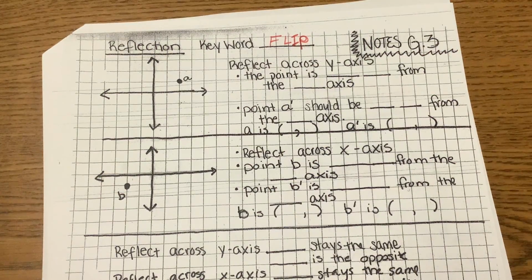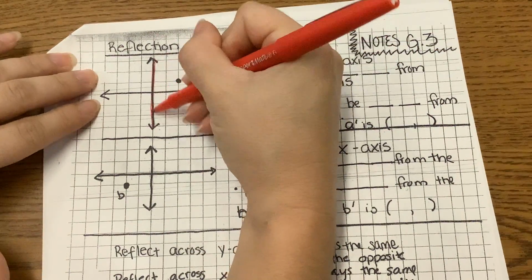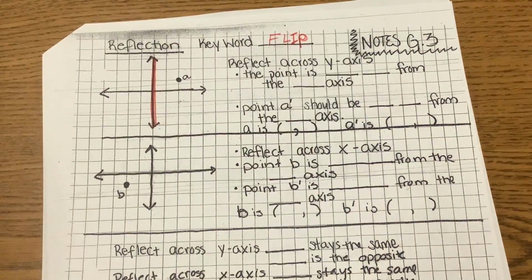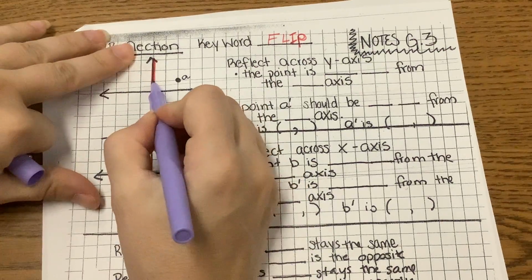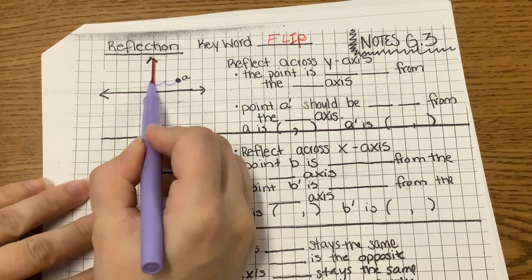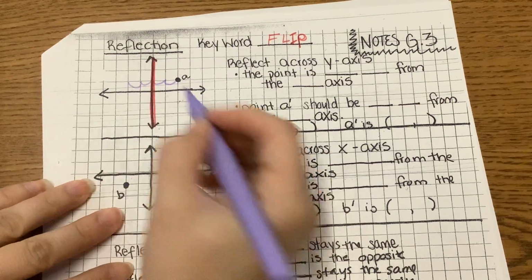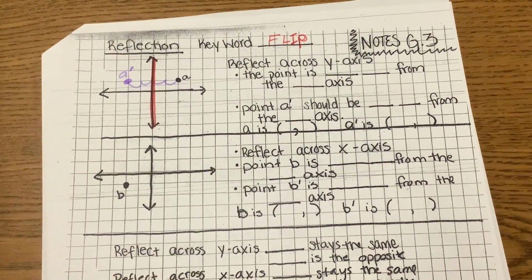If I'm reflecting across the y-axis, the vertical one is the y-axis, right? So we're reflecting across that y-axis. Look at the distance the point is from the y-axis. How far is point A from the y-axis? How many units? 2. So how far away should it be on the other side? It should also be 2 away. So this would be A prime here. They should mirror each other.